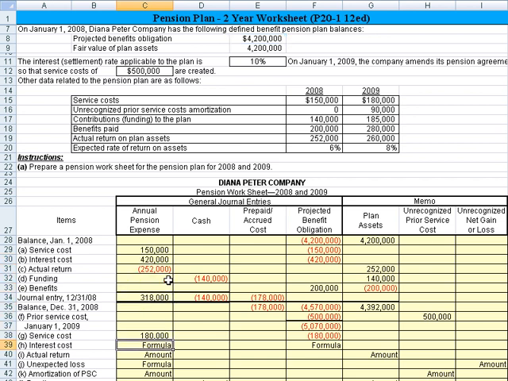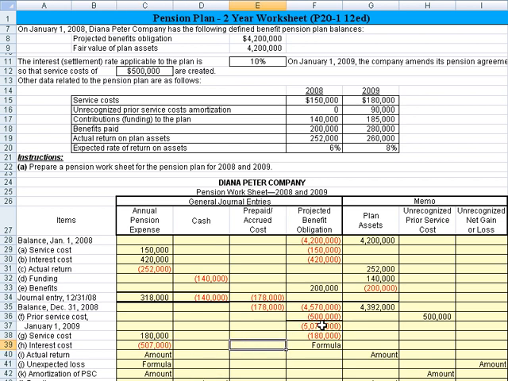Now when we take a look at H, it gets a little bit more complicated. We've got to come up with that 5070 obligation and multiply that times 10%. So now our interest cost is equal to 10% again times the 5070, our new projected obligation.